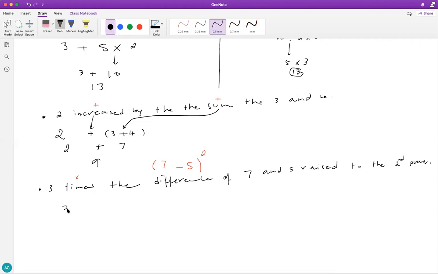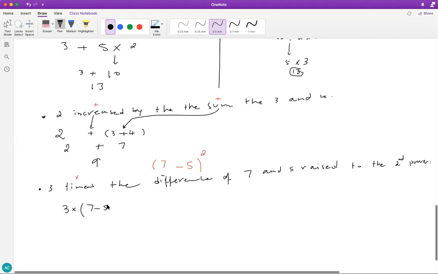So 3 times, you can write that times here, or you can just write the parentheses. So it's 3 times the difference of 7 and 5 raised to the second power. This multiplication is optional. You can just say 3 parentheses 7 and 5.